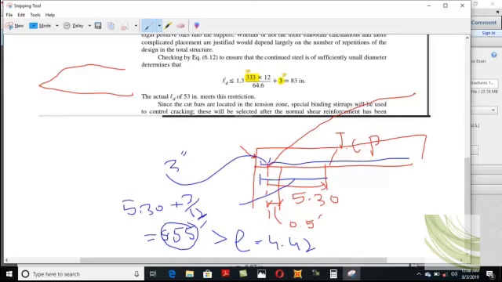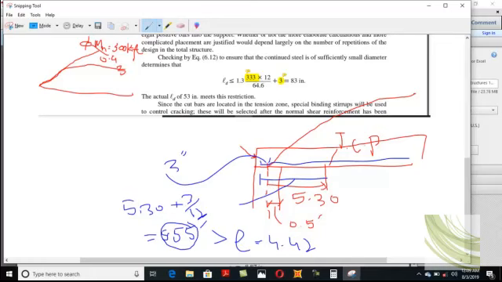If you draw a tangent with the moment diagram, this Mn is basically that 300 kip-feet. So you need to divide this by 0.9, because 300 is phi Mn and you need to convert it into Mn.